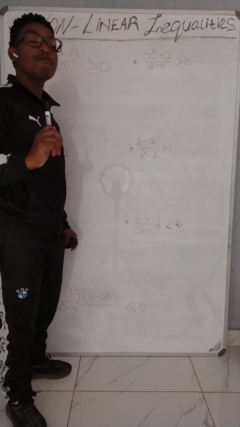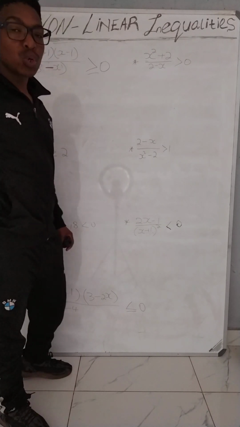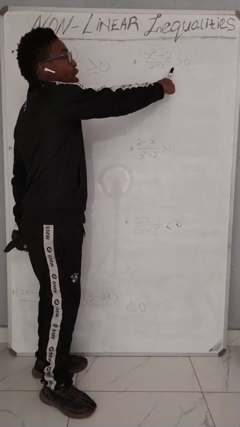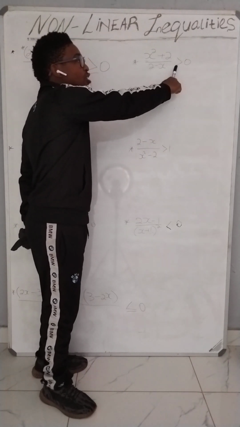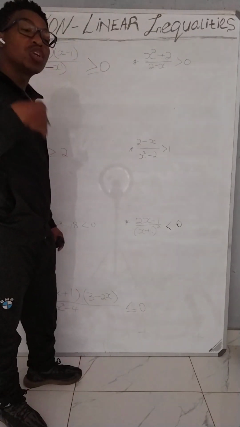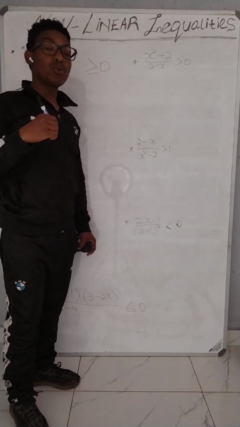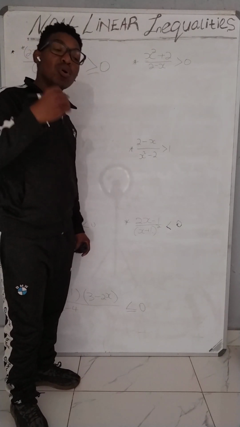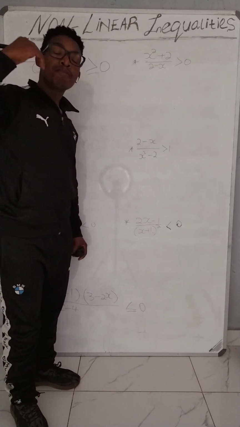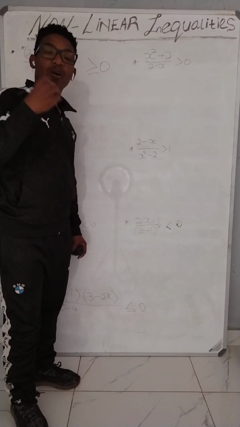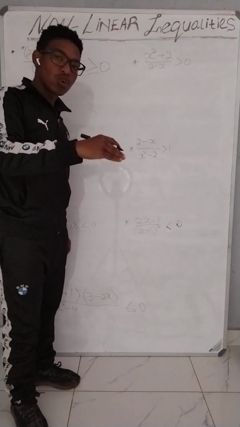Now, if you have a variable of which you do not know the sign, you will not be able to know whether you must keep the sign the same or change it. That is the reason why we do not multiply with a variable or a number or a factor of which we do not know the sign.